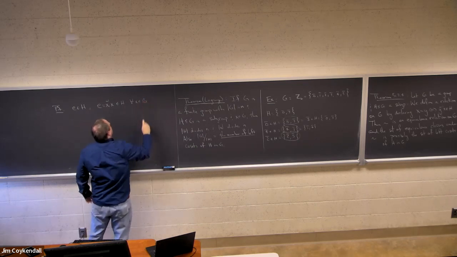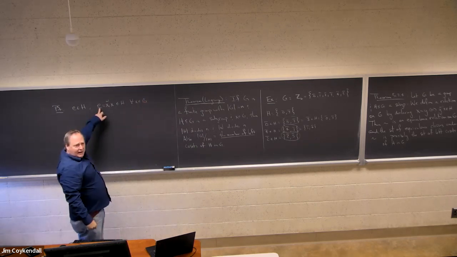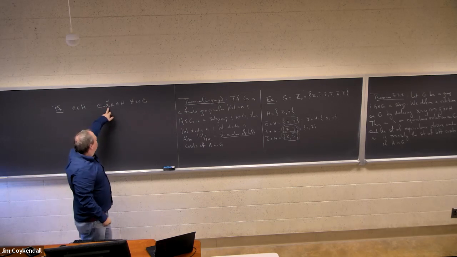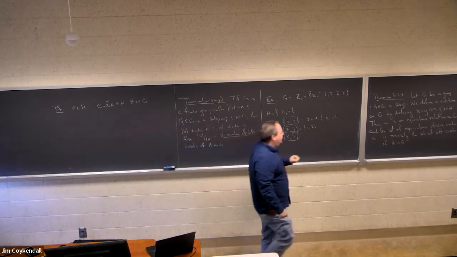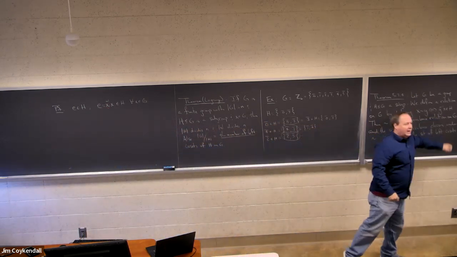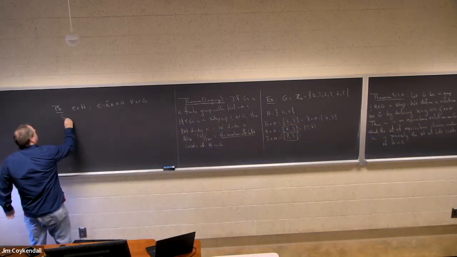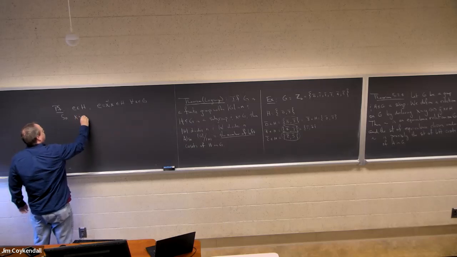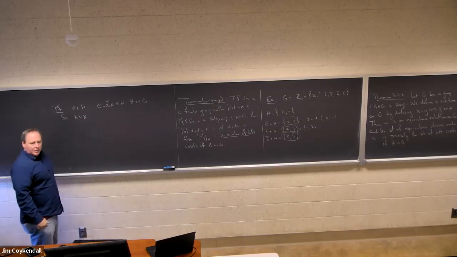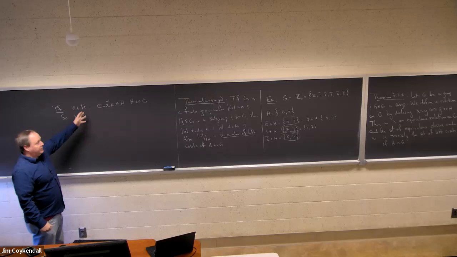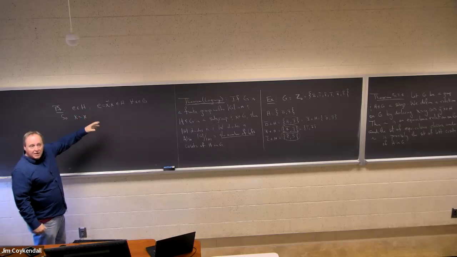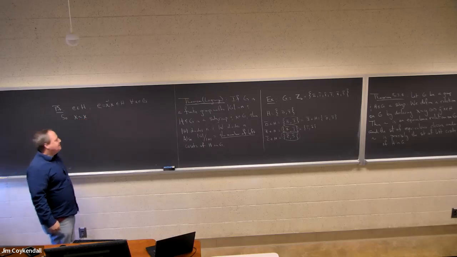So what does this mean? This means for every x in G, x inverse x is in H, right? So x is related to x because x inverse x is the identity, which is always in H. So it's reflexive. Everybody agree with that?